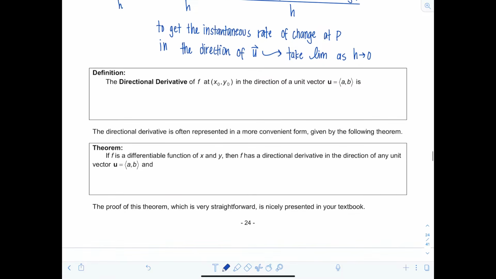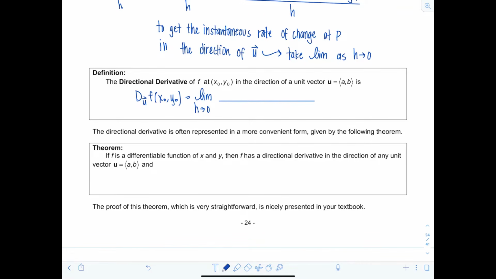The directional derivative of f at x naught, y naught in the direction of a unit vector u with components a, b is given as follows. Here's the notation: you write capital D, with subscript u, the unit vector. So D sub u of f at x naught, y naught, that's the point, is going to equal the limit as h approaches 0.